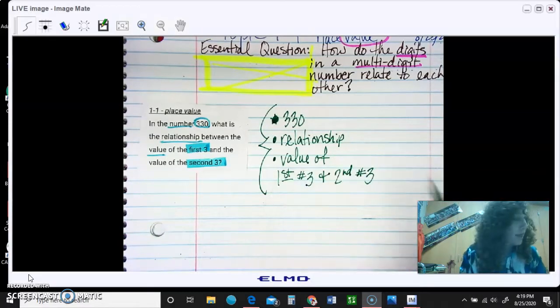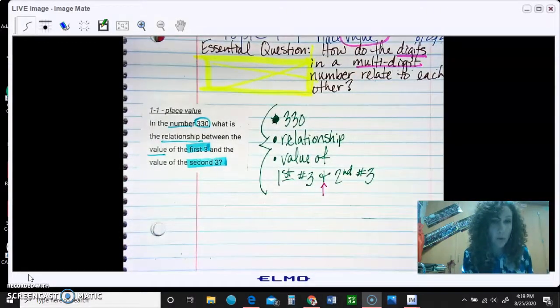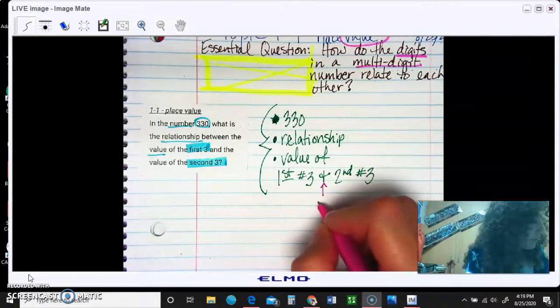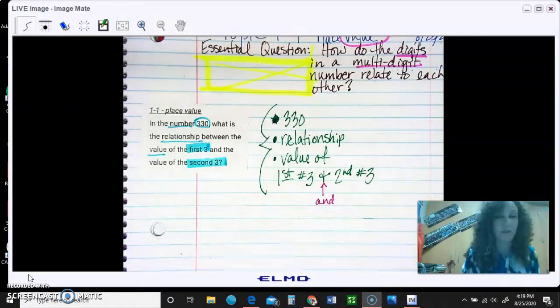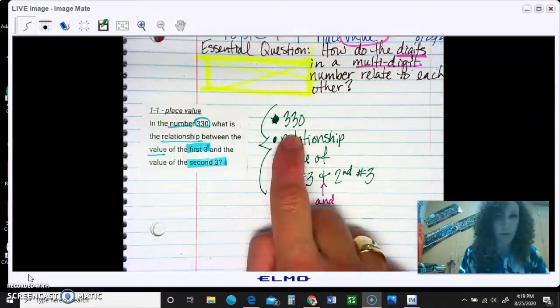And then this item right here, hang on, I'm changing colors so that it stands out a little better. That symbol right there, I also use quite frequently, and it just means and. It's kind of like a cursive symbol of a plus, and it just means and. So we're looking at the number 330.